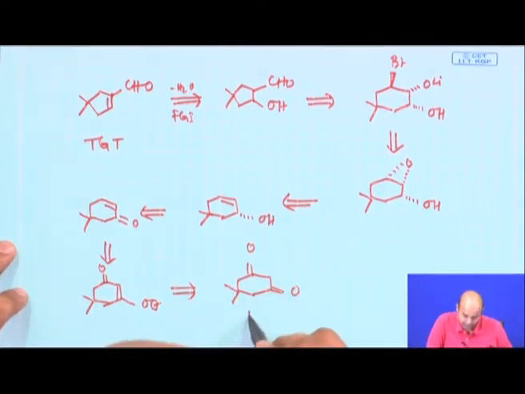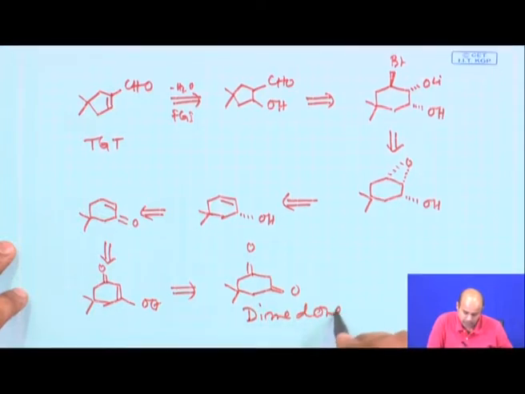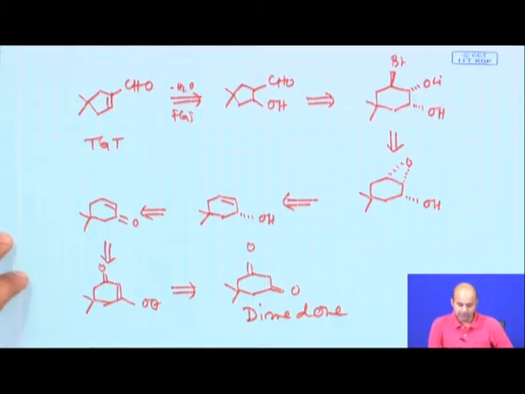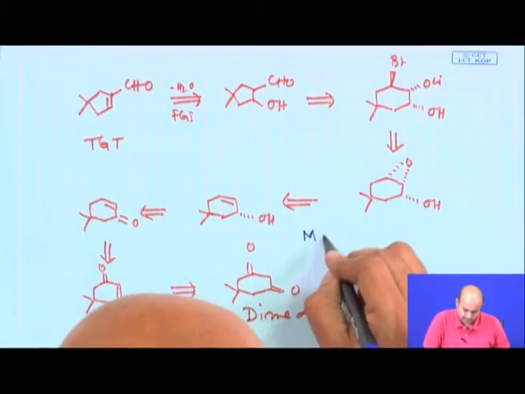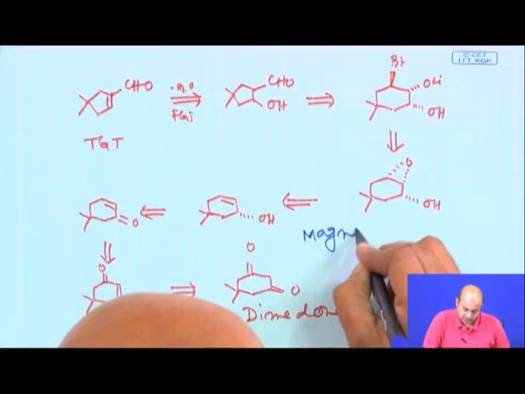Now, this is the starting material we were coming to. This is named dimedone, it is commercially available. As I said, this transformation, the whole sequence, is named the Magnusson ring contraction.